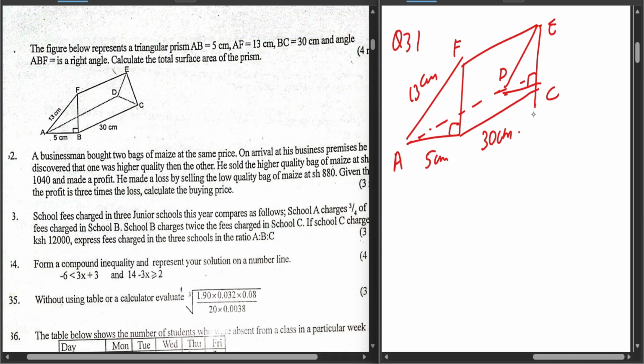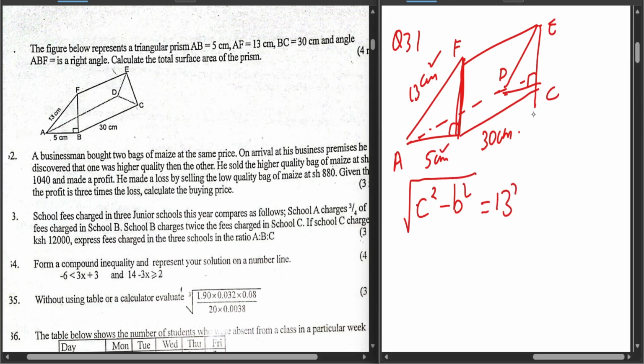Basically, what you need to find first is this height. And how do you find the height? We take the Pythagoras theorem, which is c squared minus b squared. You take the hypotenuse squared minus this base squared, then square root it.